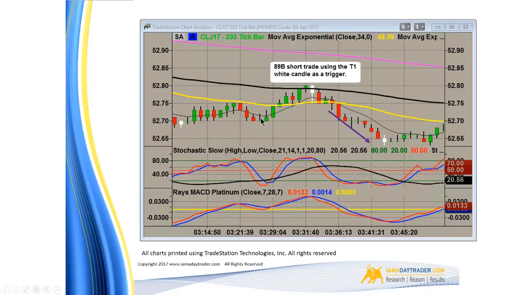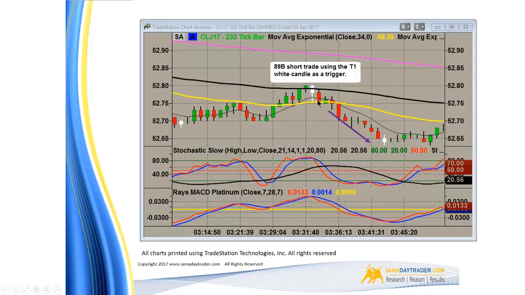Let's show an example. We see a price bounce, and you can see that the 200 is sloping down. The 89 is still relatively moving down. And here is a close underneath there, the highs. Is that a white candle though? No. On the next bar, did it set a one tick underneath this candle?